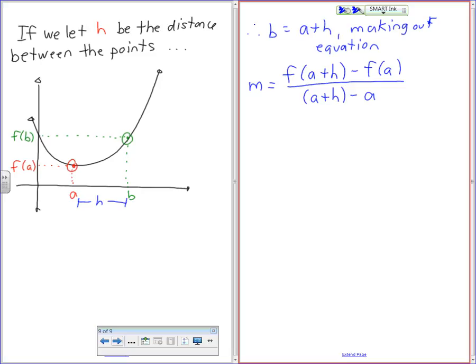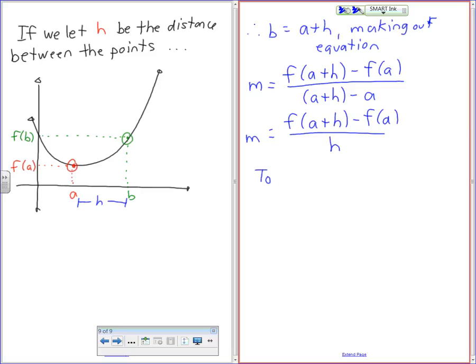So what we're going to do here is we're going to just do the same equation, but we're going to make h 0. So the gap between them. So I'm going to keep on writing this as f of a plus h minus f of a all over h.